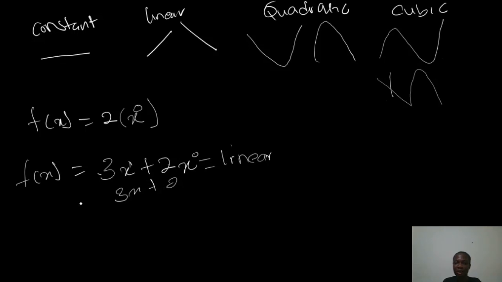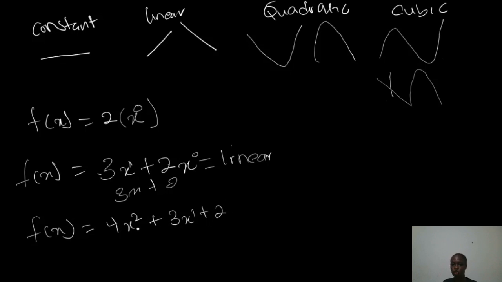If you have another function, say f of x is equal to 4x squared plus 3x plus 2, the highest degree here is 2, because this one has an exponent of 1, this one has x exponent 0.